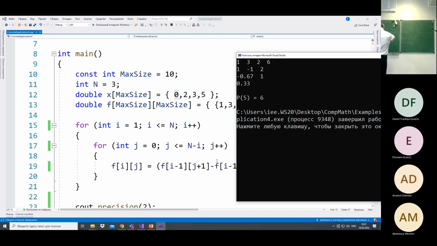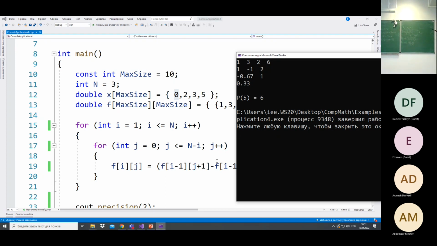I want to substitute here some x, for example, x equals 1, because x equals 1 is skipped here. I have only 0, 2, 3, 5. No x equals 1. But I want to compute, for example, P1 of 1 or P2 of 1 and so on.